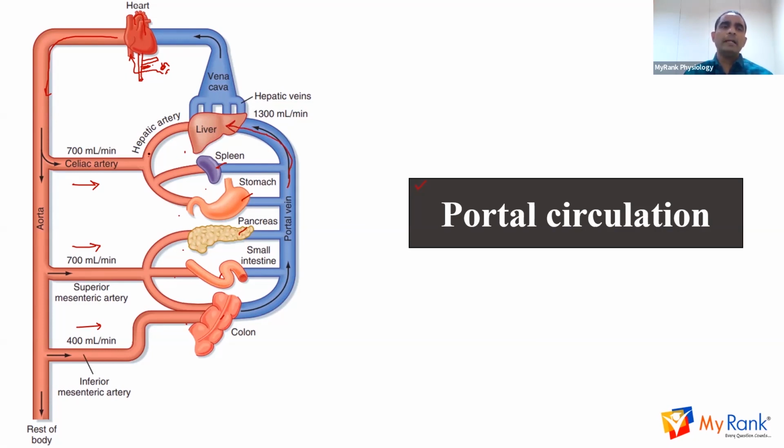Okay. So the hepatic artery will bring a good amount of oxygenated blood, and the portal vein will bring nutrient-rich blood to the liver. The liver will then utilize them both, have its own products, and send its products through the vena cava into the heart. Or it has a special product called bile, which it will send back into the intestine.